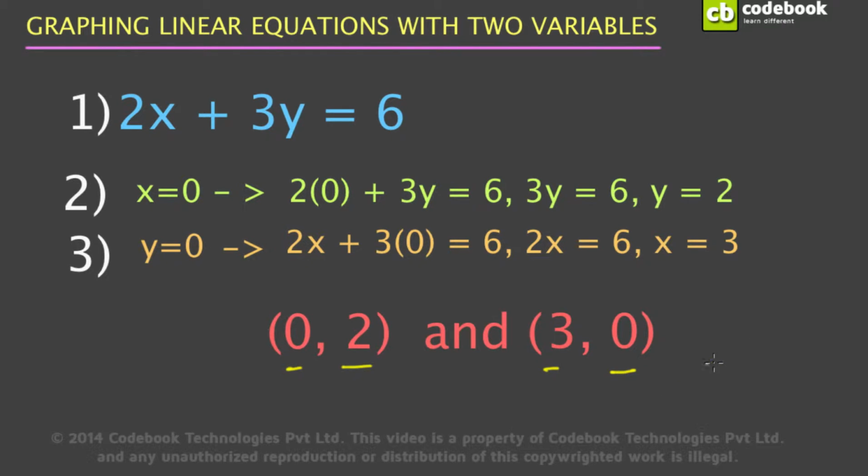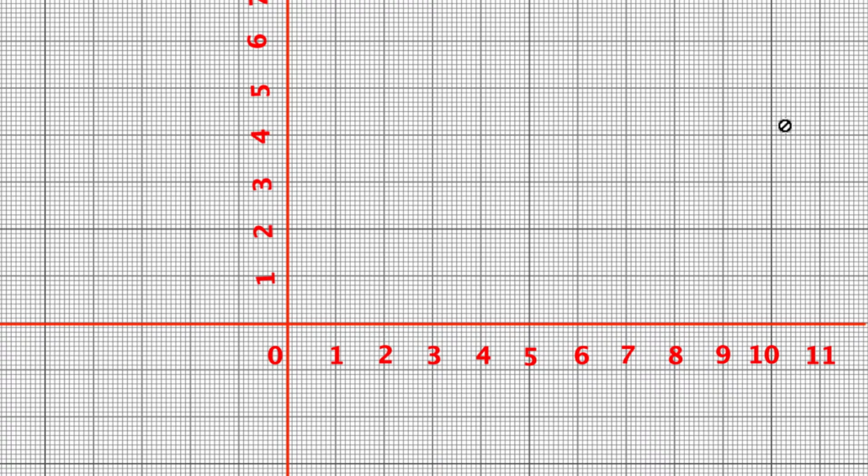So the next step is to plot these points on the graph and join them. Let's look at a graph. So we need to plot 2 points, (0, 2) and (3, 0). These are our 2 points that we need to plot.